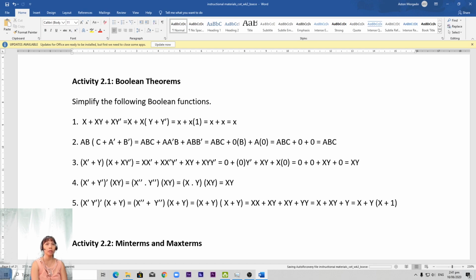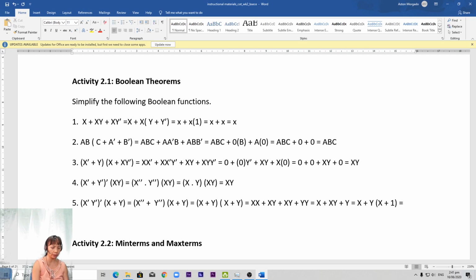So x plus 1 is equal to 1. If x is 0, 0 plus 1 is still equal to 1. If x is 1, 1 plus 1 is still equal to 1.